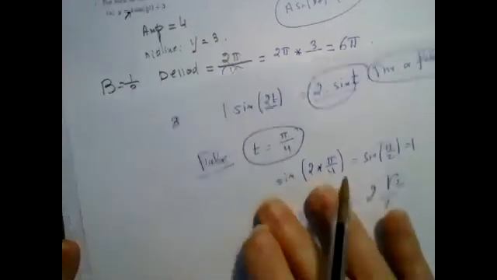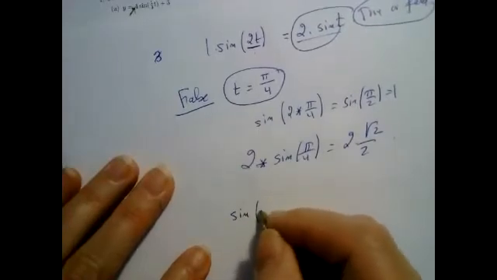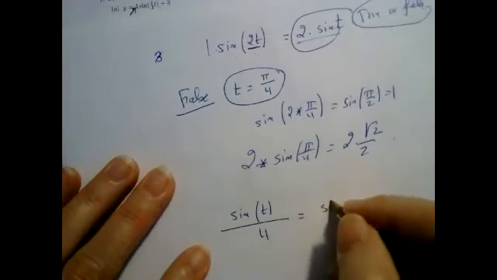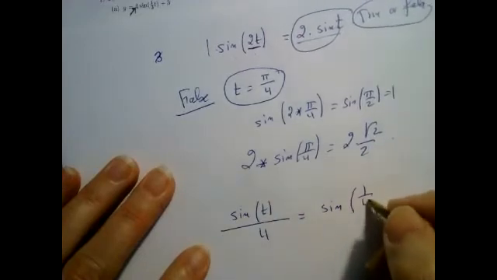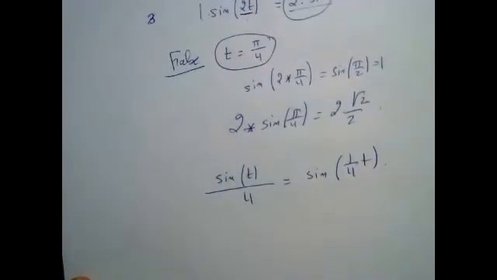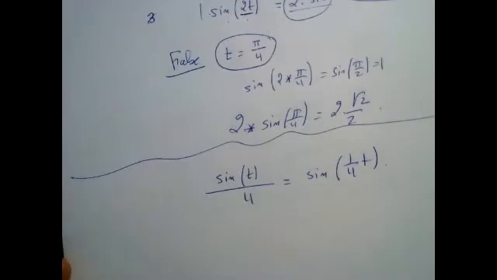Okay, now, question number 2. Is the sine of t divided by 4 the same thing as the sine of 1 over 4 t? Everyone, the question is addressed to everyone because a lot of you made a mistake here.